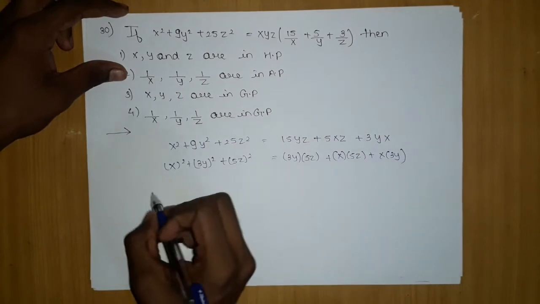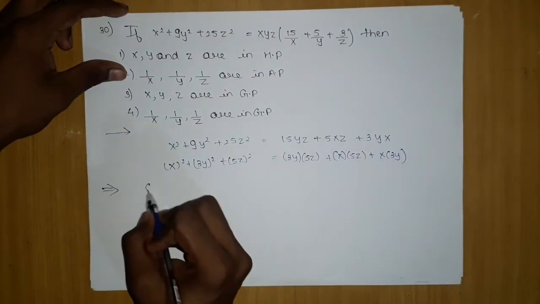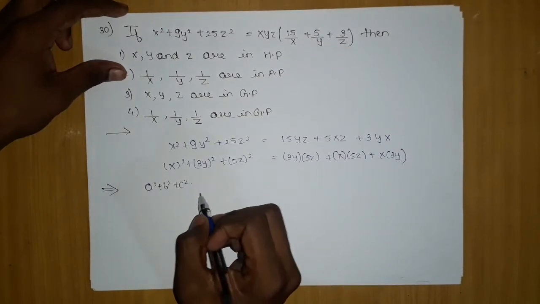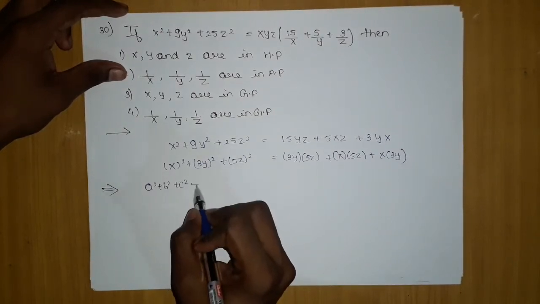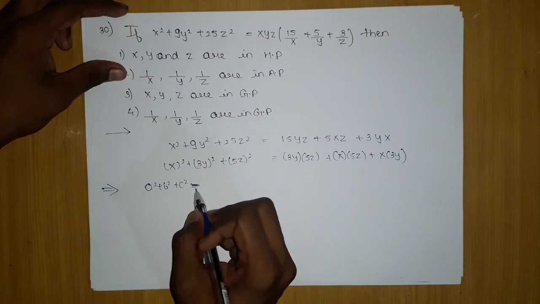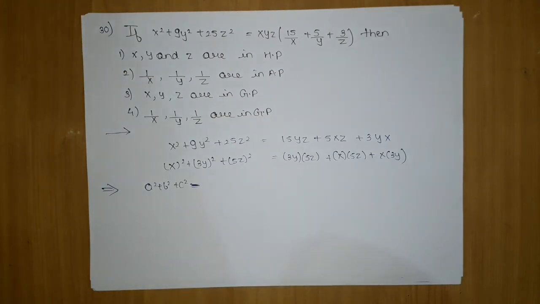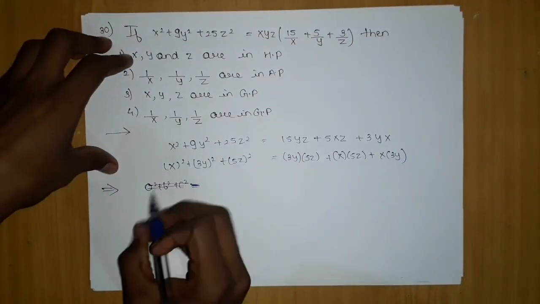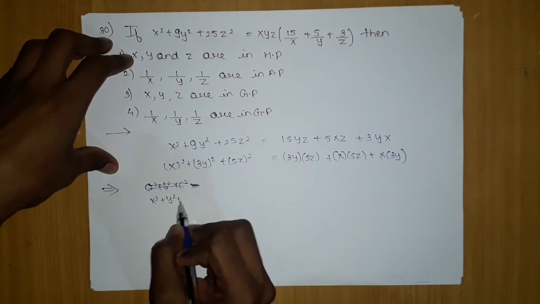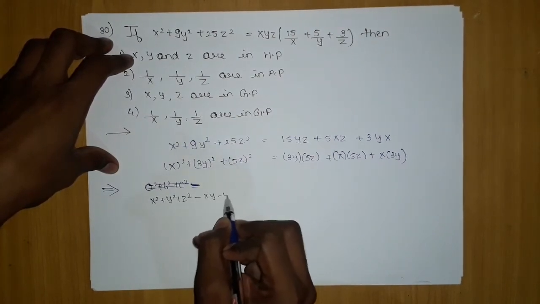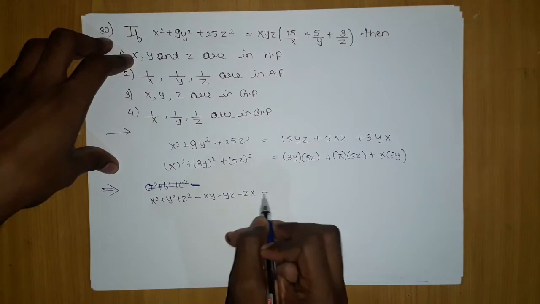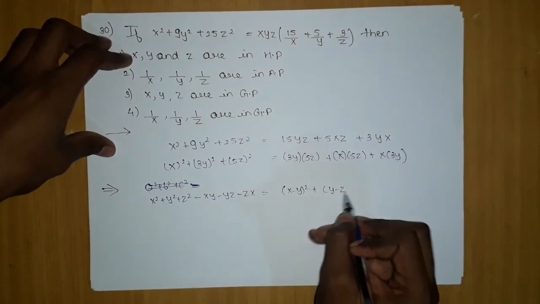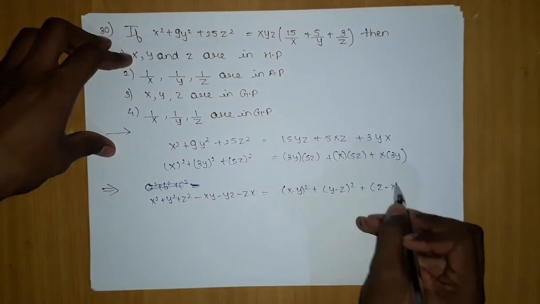Now I will tell you how it came from this: a square plus b square plus c square minus ab minus bc minus ca. Here, x square plus y square plus z square minus xy minus yz minus zx is equal to 1 by 2 times (x minus y) the whole square plus (y minus z) the whole square plus (z minus x) the whole square.